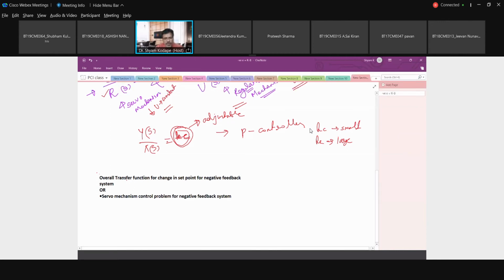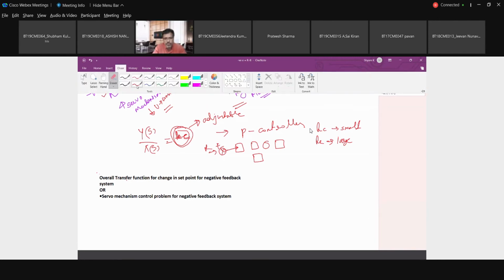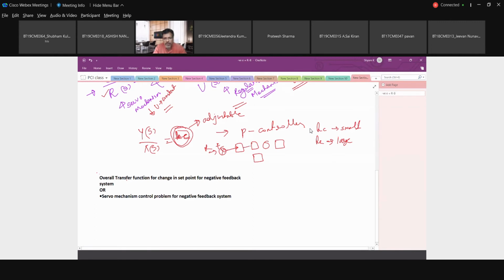Overall transfer function for change in set point for negative. अब I'm not again, let me redraw it, but in short, ये मेरा सिंपल R है प्लस ये माइनस रहेगा, ये है मेरा Gc Gv, this is U is coming down, Gc Gv Gp.